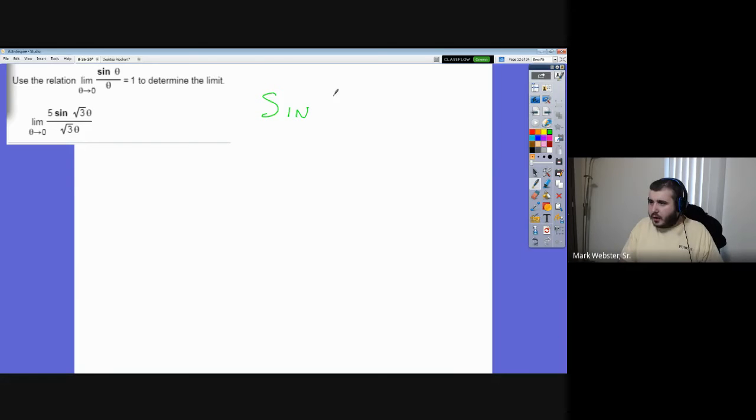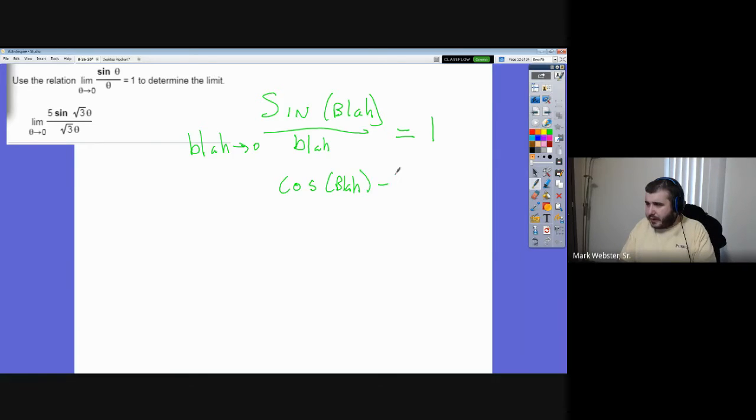Sine of blah over blah as blah approaches 0 always yields the answer of 1. Also, another one that is similar to this, not exactly the same, but similar, is cosine of blah minus 1 over blah also goes to 0.